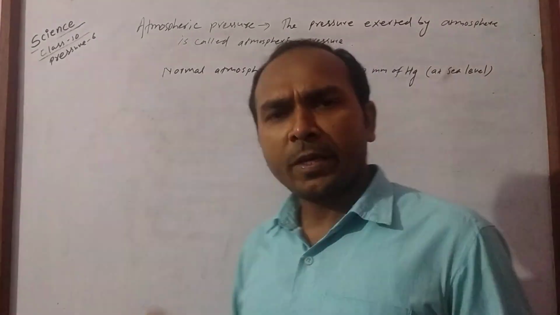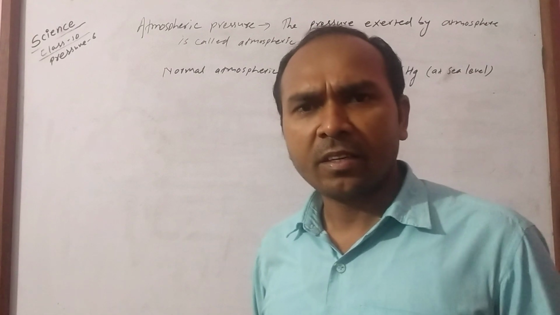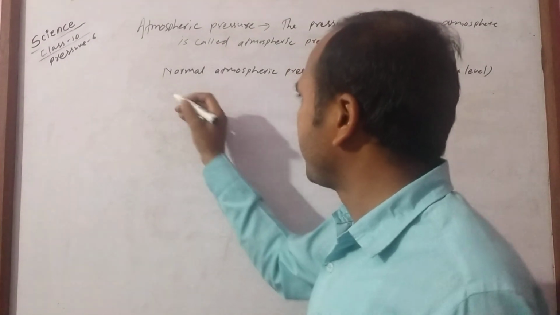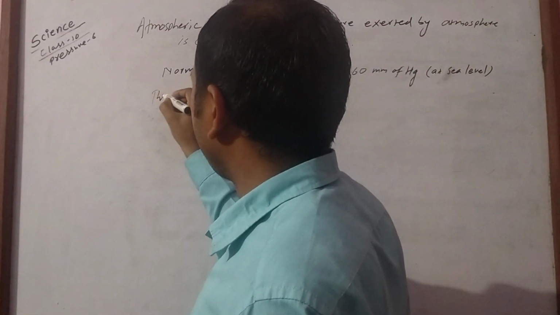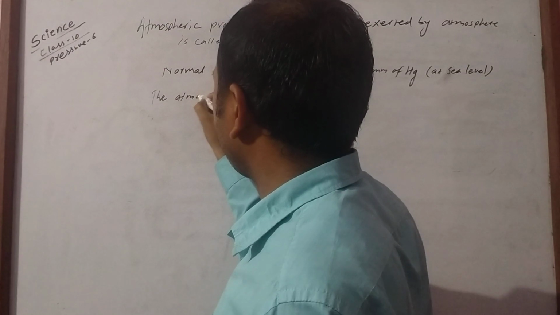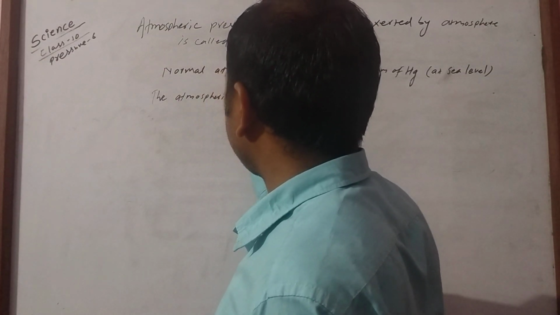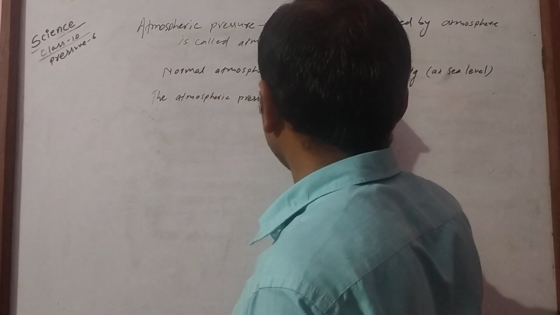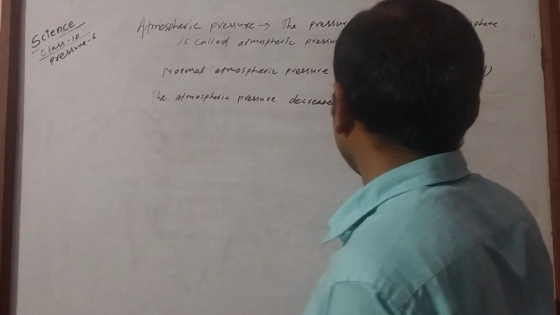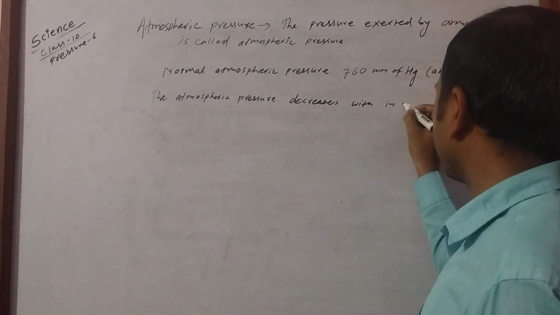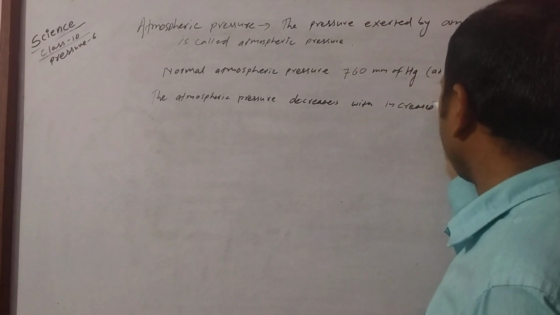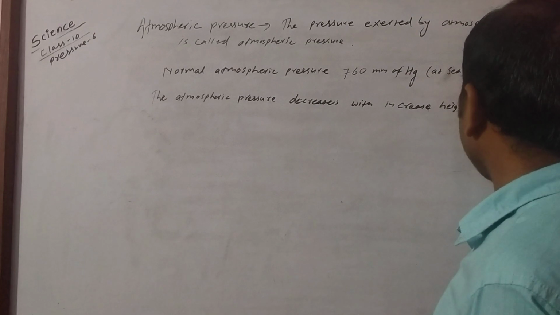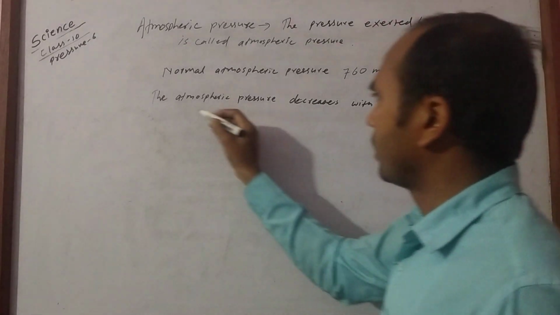For example, the atmospheric pressure at the top of a mountain is lower than at the bottom. So atmospheric pressure decreases with increase in height from the Earth's surface.